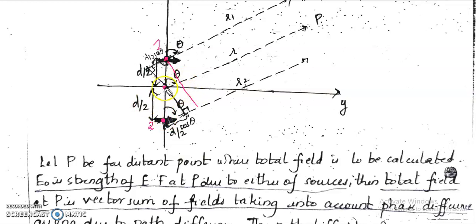The same distance from the first source to the origin is also d by 2. Using trigonometry, you can compute this distance as d by 2 cos theta. In a similar way, you can compute this distance also as d by 2 cos theta. So the total path difference is d by 2 cos theta plus d by 2 cos theta, so you will get d cos theta. That is the total path difference.